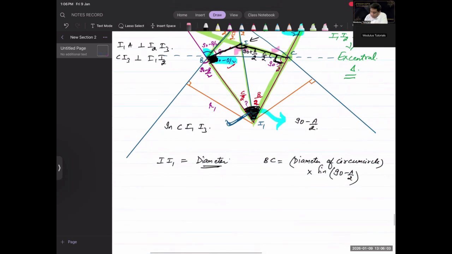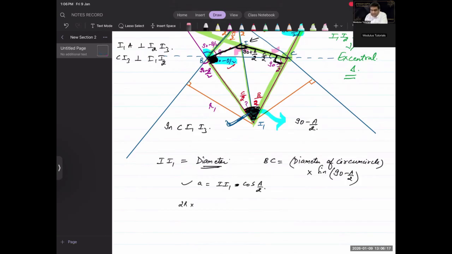So, guys, from here I can say what is BC. Diameter of the circumcircle is II1, and this is into cos A by 2. So, guys, what is BC? 2R sine A, right? What is sine A? 2 sine A by 2 cos A by 2, which is II1 cos A by 2.